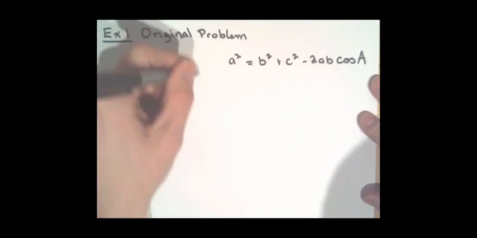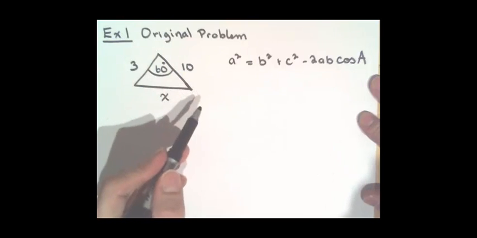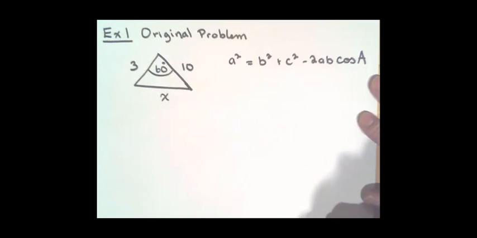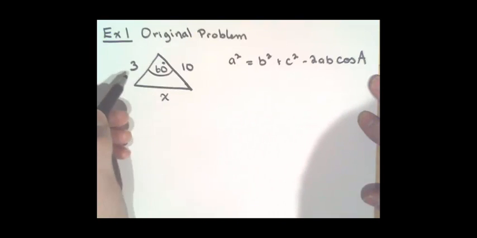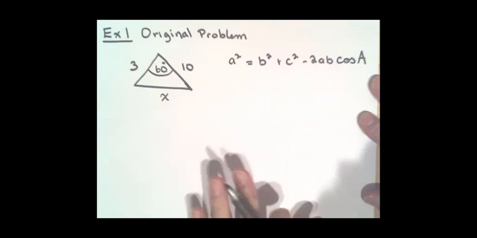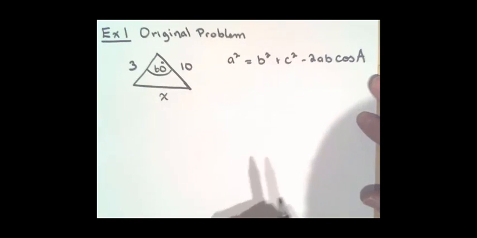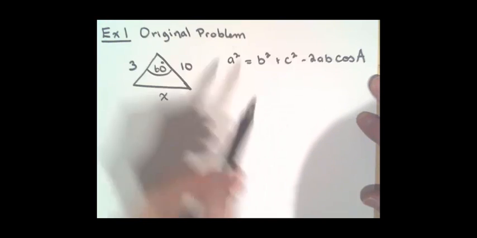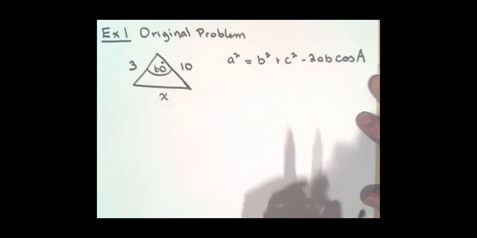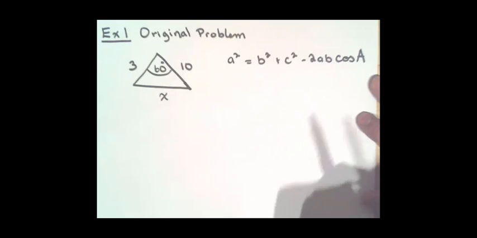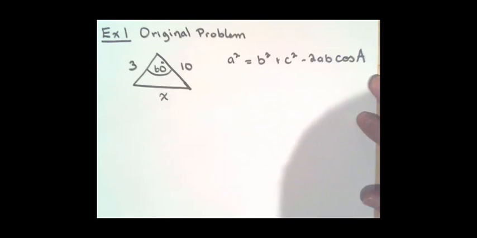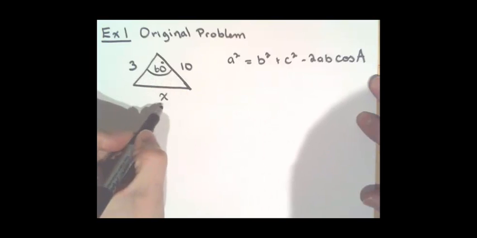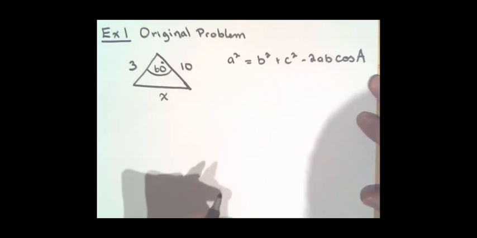So in this triangle, there is no a, there is no b, and there is no c. And I'd rather you not think of where should I put a, b, or c. I'd rather you think of the problem this way. So a squared here, that side there is the side you want to find. And that side you want to find, for our triangle, would happen to be x.